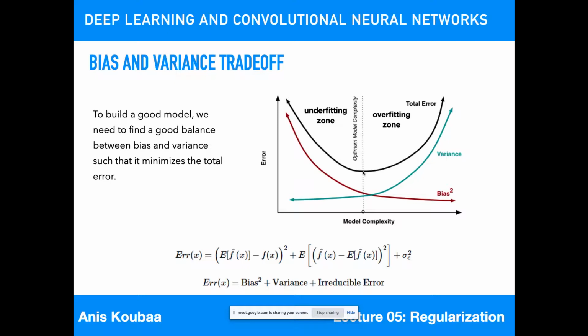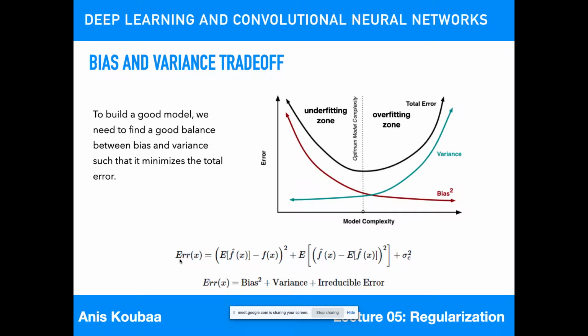Maybe you can find a model at this point, but the problem is you will have higher variance. So the objective here is to find the model that gives the lowest error possible.